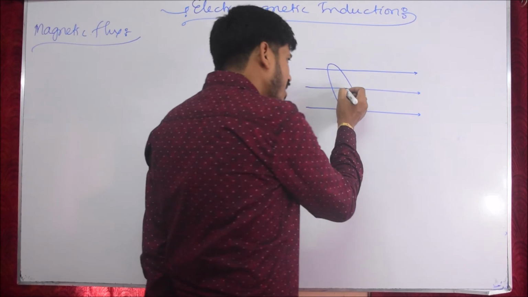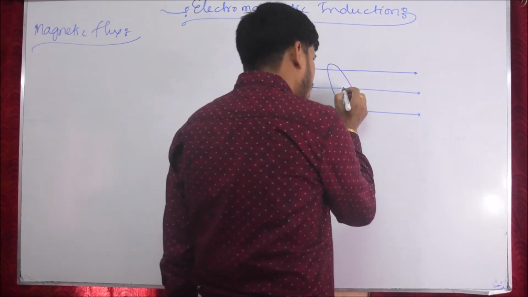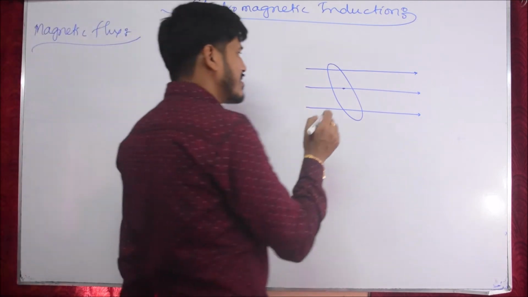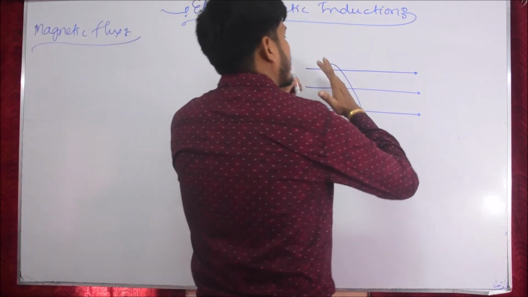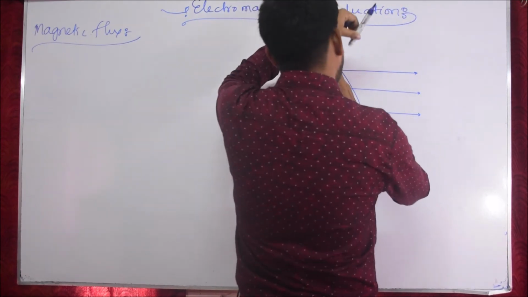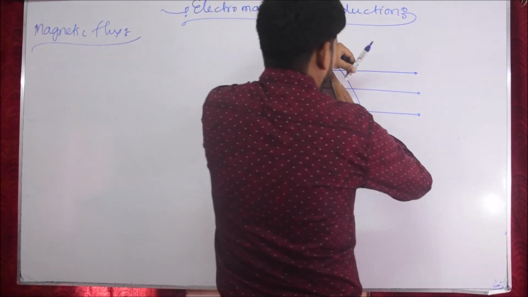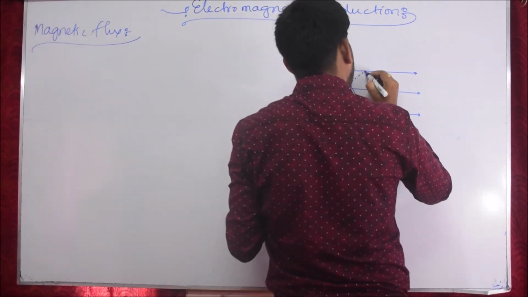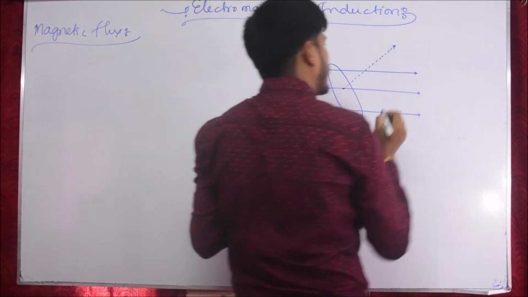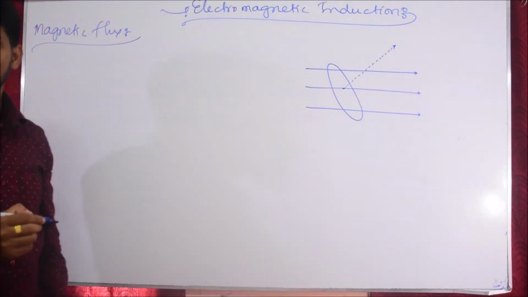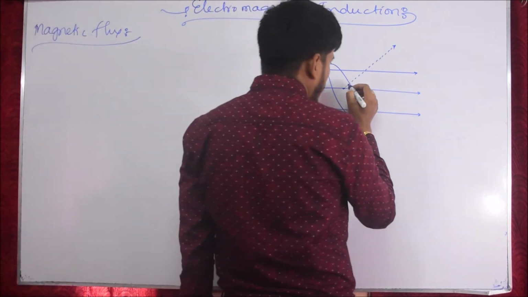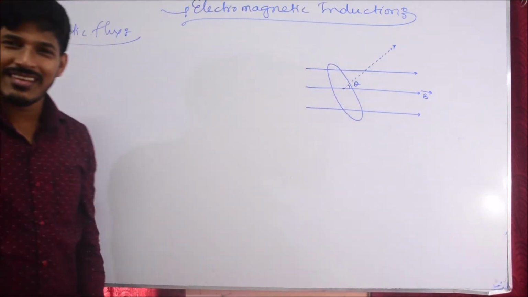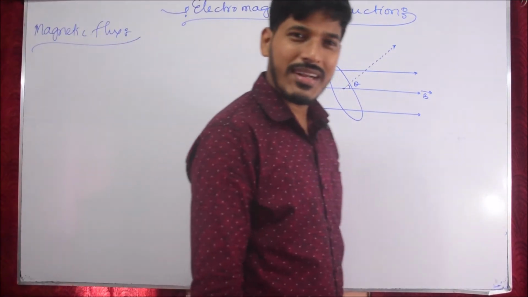Now, the normal to this surface area is along this direction. And suppose it makes an angle theta with the direction of the magnetic field.